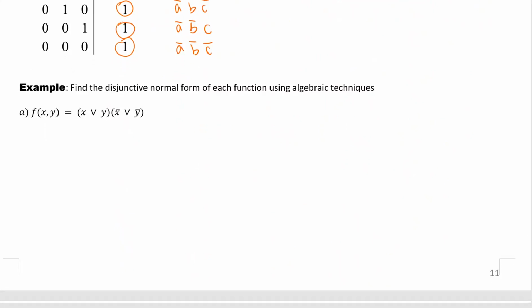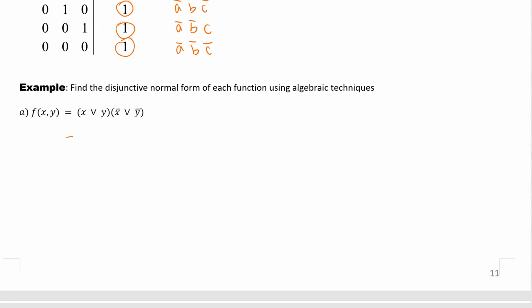So example, find the disjunctive normal form of each function. Use algebraic techniques. Okay, so let's see, algebraic techniques, which means we can use the associative law, commutative law, distributive law, and some properties of Boolean algebra, right? So let's look at the first one. So the first one, what do we get?